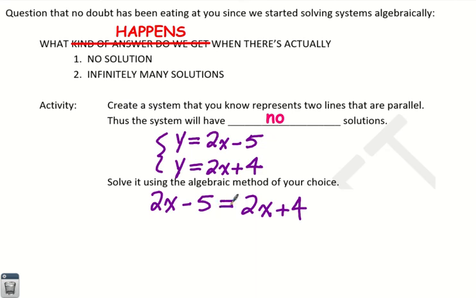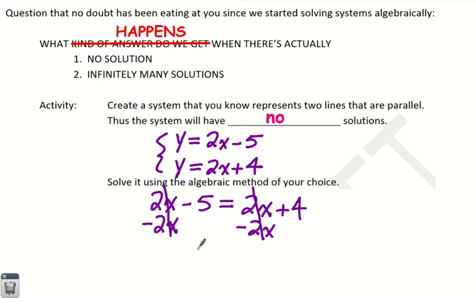All right? So let's keep this going. What would we do next? We would solve for x. In this case, we'd have to get both x's on the same side. So we do that, and oh darn it, it cancels.